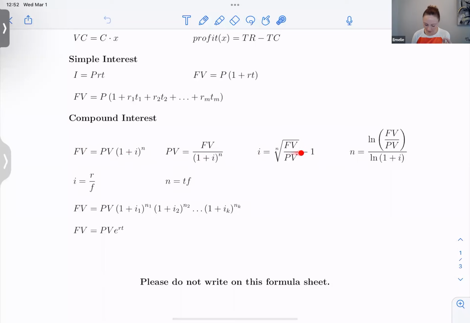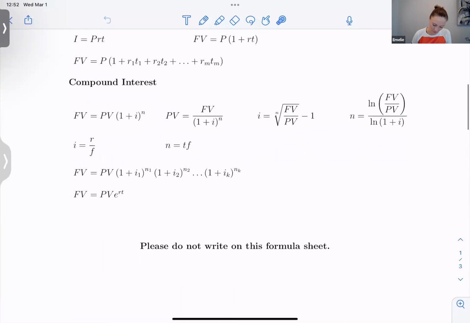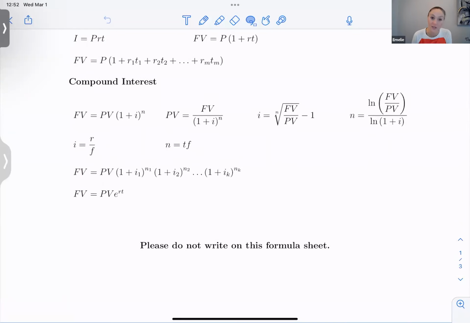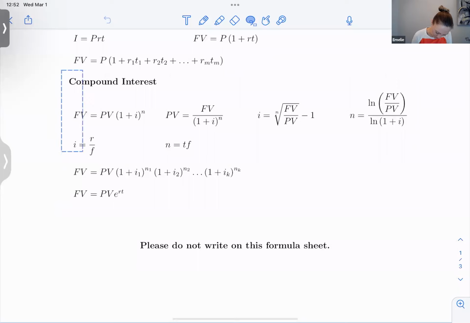The following three are just derivations of the first one. Okay, so nothing crazy. And then for annuities, we'll start in chapters 6 and 7.